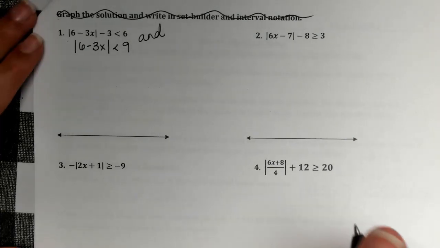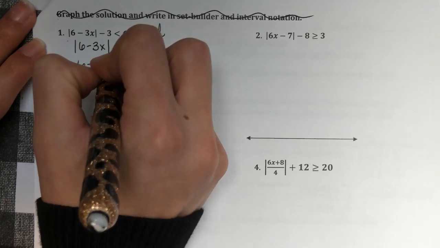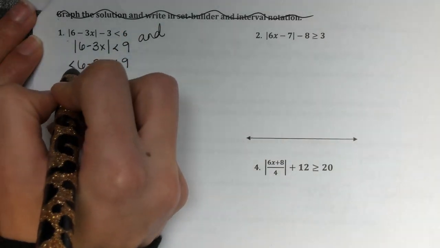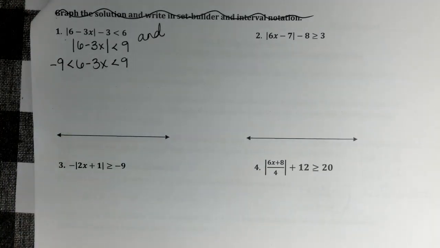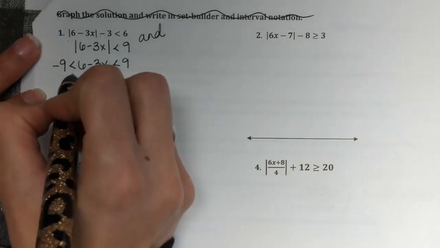So 6 minus 3x goes in the middle. I have less than 9. Copy that inequality, tack on my -9. It's not hard to set up. Now I solve it. I need to get rid of my 6, so I'm going to subtract my 6.